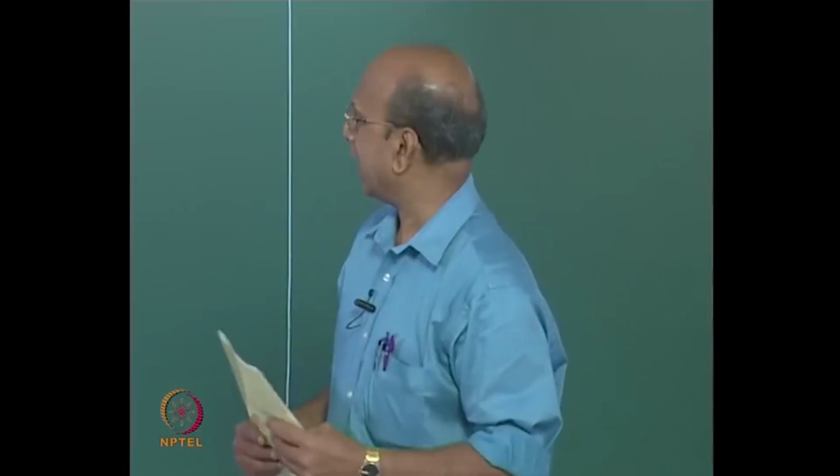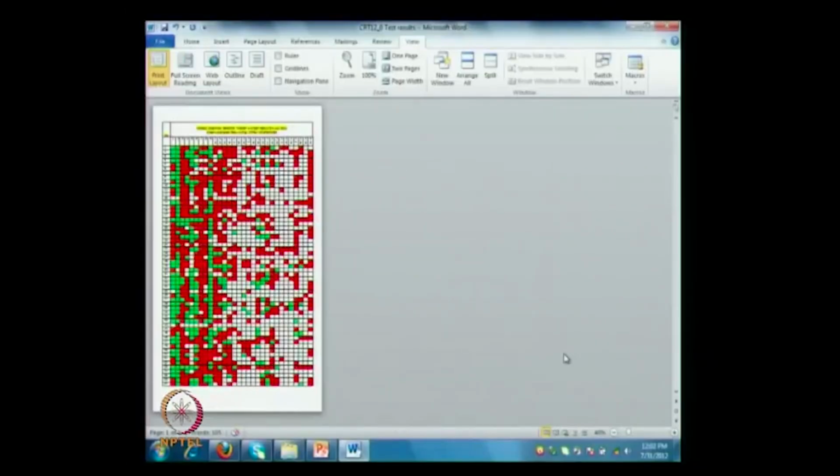You can see the second row is the one which is maximum answered, and also the fifth row, I think, and this 1 and 2 of course.